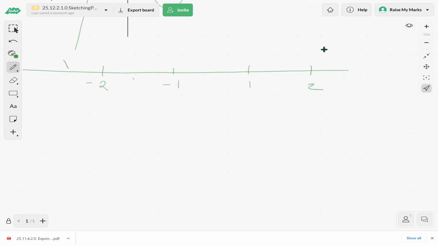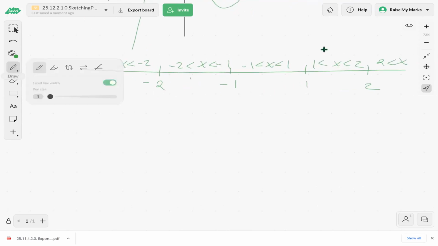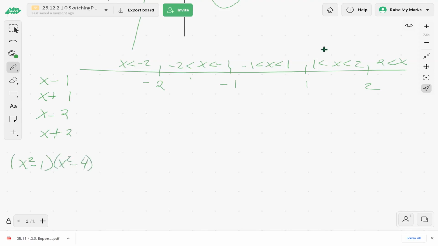So our intervals are when x is less than negative 2, x is between negative 2 and negative 1, x is between negative 1 and 1, x is between 1 and 2, and x is greater than 2. Okay. Our factors are x minus 1, x plus 1, x minus 2, x plus 2, and our function is x squared minus 1 times x squared minus 4.